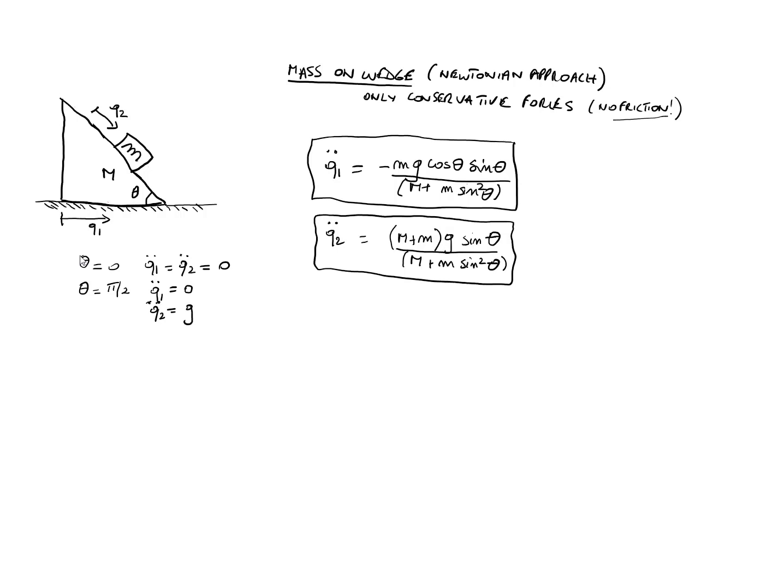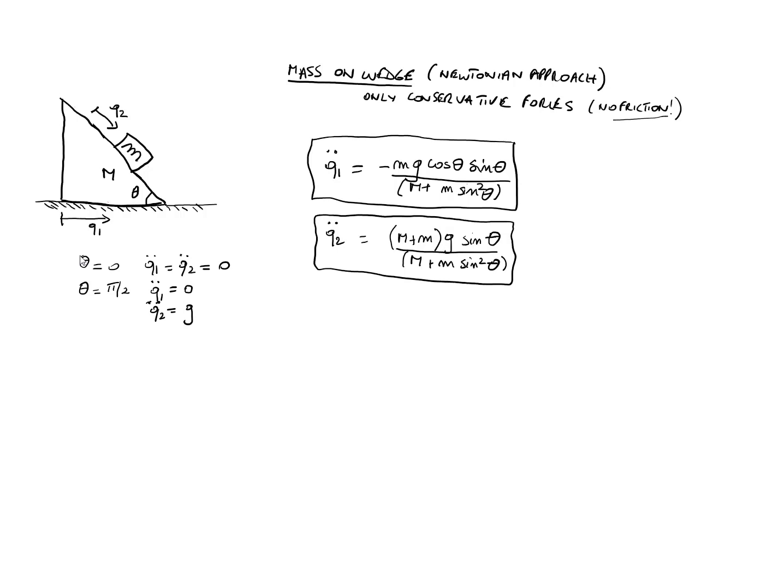Okay, so that's the acceleration. And indeed, if we plug in theta equals 0, because of the sine and the sine, you'll have q1 double dot and q2 double dot equal to 0.